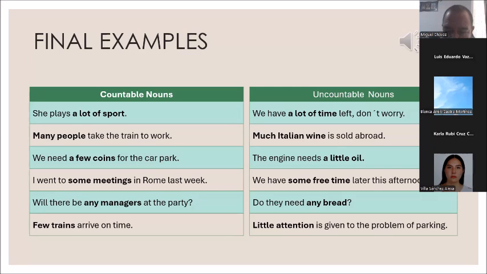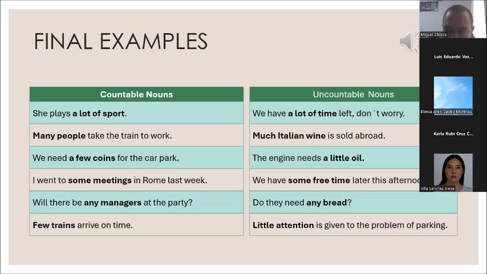There are quantifiers to describe large quantities, as a lot, much, many, small quantities, as a little, a bit, a few, and undefined quantities, as some and any. There are some quantifiers that have a similar meaning but differ because one is used with countable nouns and the other is used with uncountable nouns.